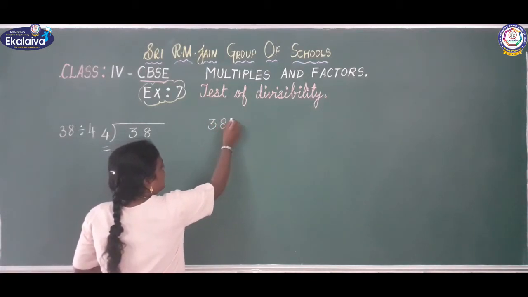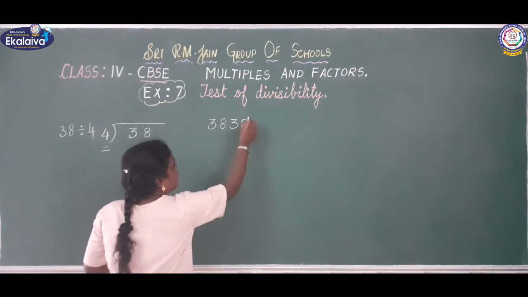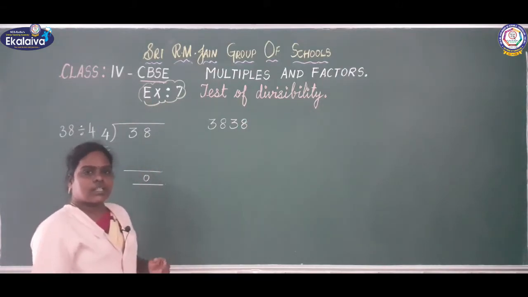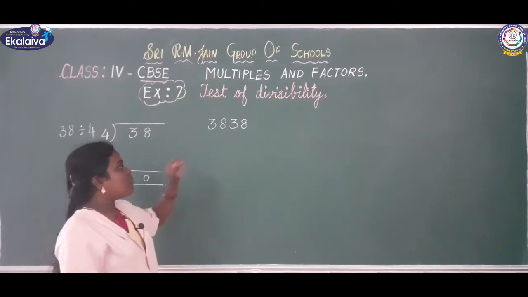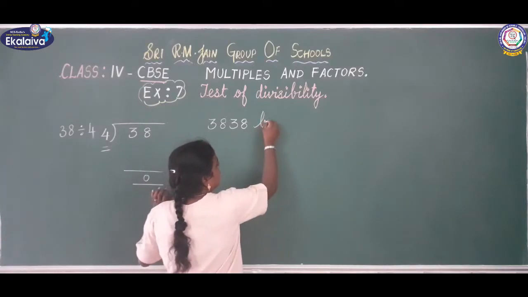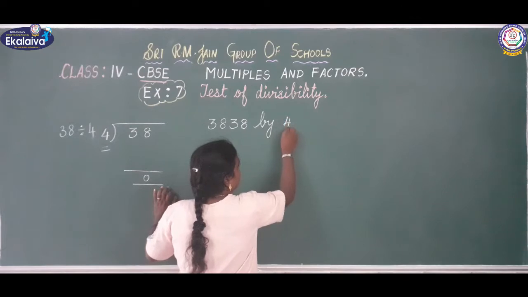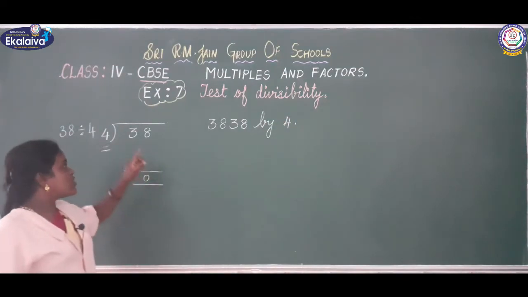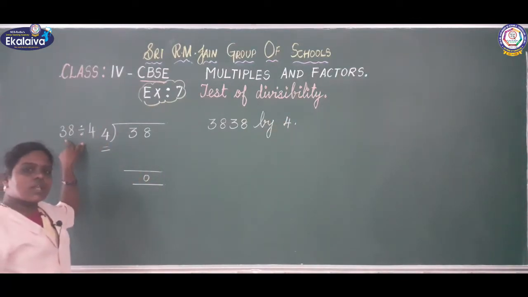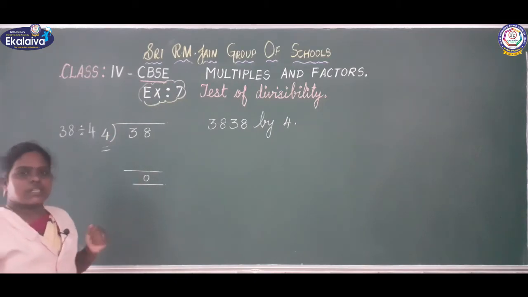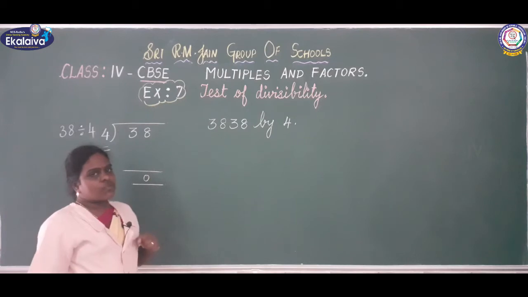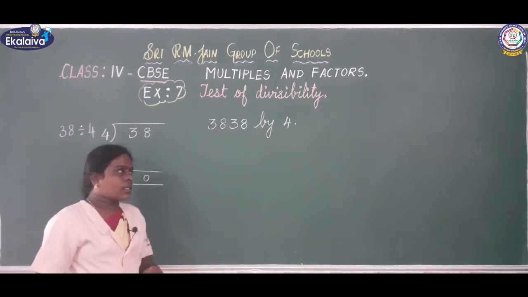We can take the example 3838. We are going to check the divisibility of the number by 4. Here listen children, it is a 2-digit number and it is the smallest number also. So we can use the division method and we can find out the divisibility.